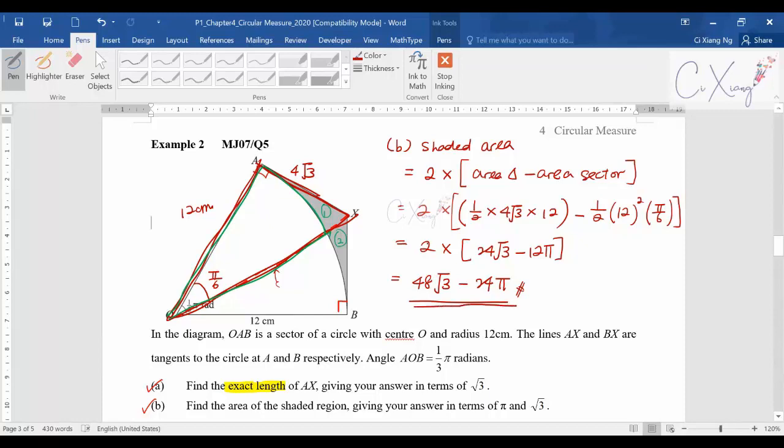So this is what we have for the shaded area answer. Again, you will see that when you try to answer this question, you need some extra knowledge here, maybe. That is the value of the triangle with pi over 6 as one of the angles.